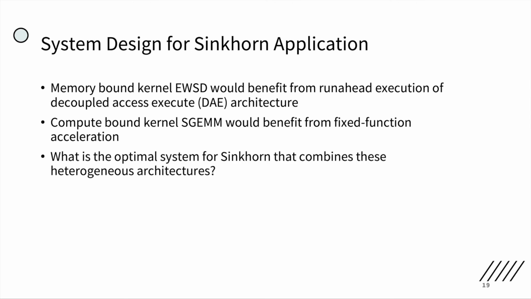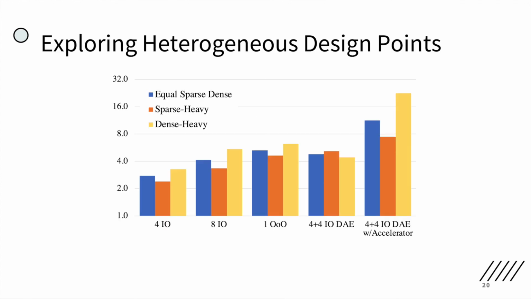What is an optimal heterogeneous architecture that uses these techniques? We explored multiple heterogeneous design points in MosaicSim and ran experiments to evaluate them. These design points included in-order cores, out-of-order cores, decoupled access execute cores, and accelerator cores.